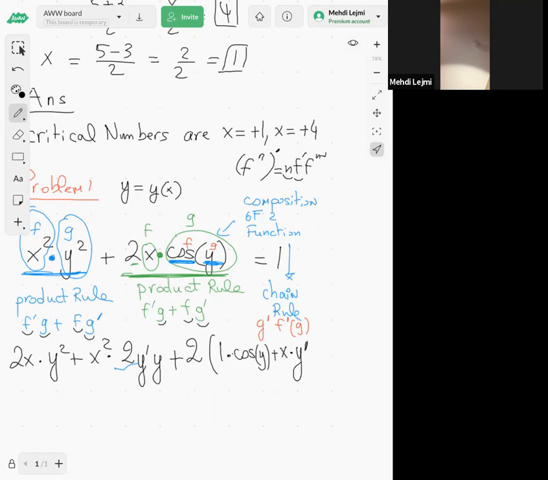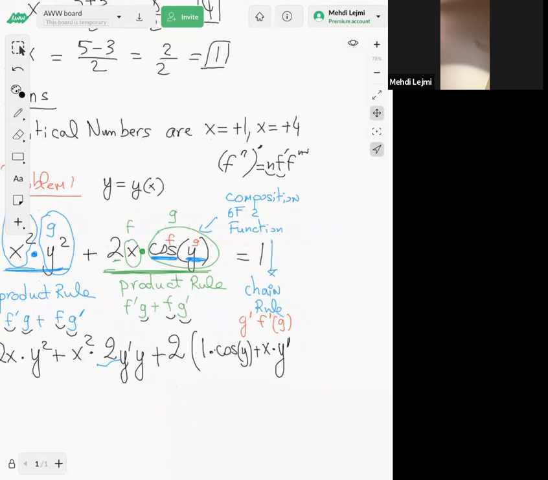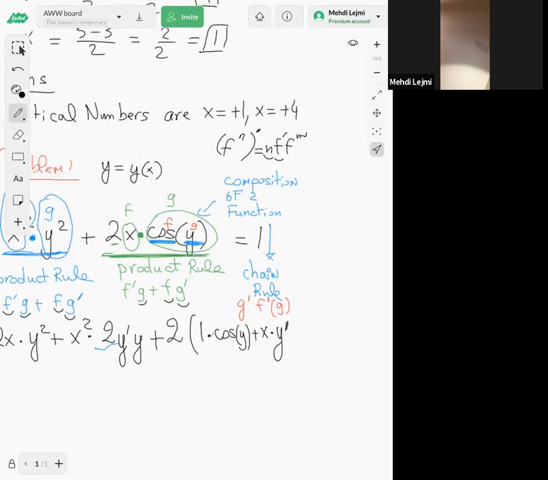The red f is cosine, so then f prime would be minus sine. Minus sine of what? Minus sine of g, which is y. So it's y prime times minus sine of y. All right? Equals, of course, 1. The derivative of 1 is just 0.